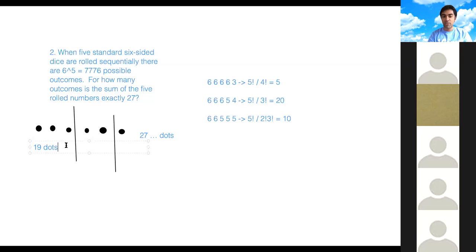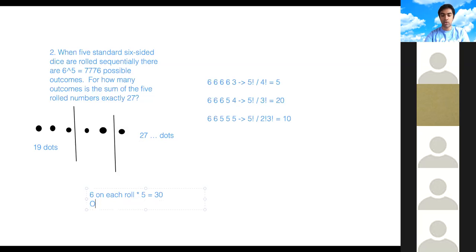So we can think of a small variant of this, where instead of counting the number of ways to spread out the 27 among the 5 dice, let's think about spreading out the extra. What is the maximum I could get in these 5 rolls? A maximum I could get is 6 on each roll times 5, so a total of 30.